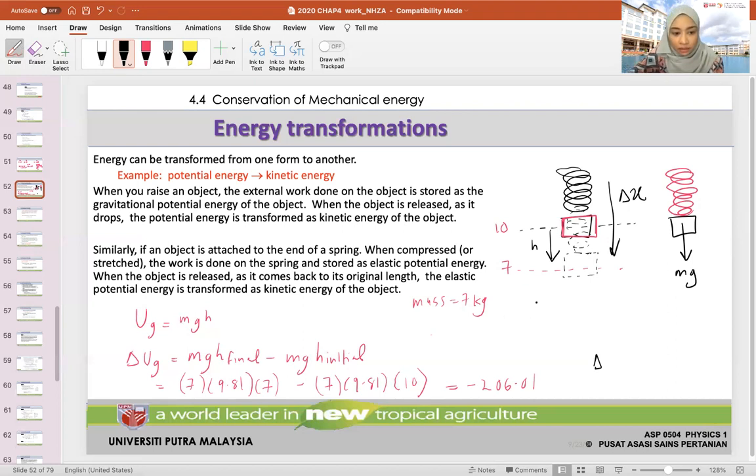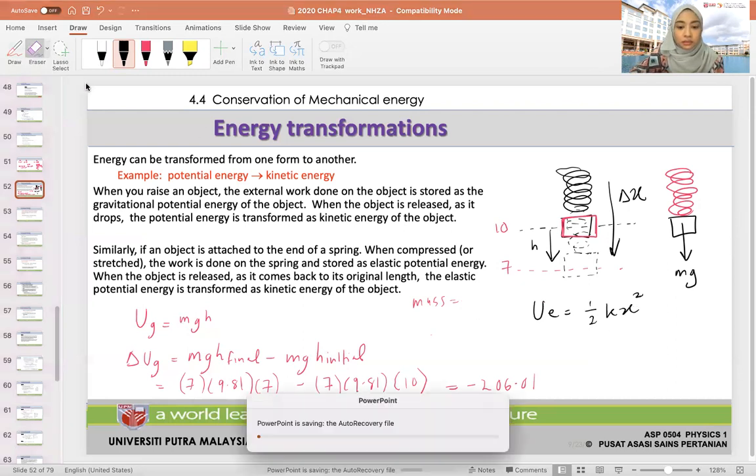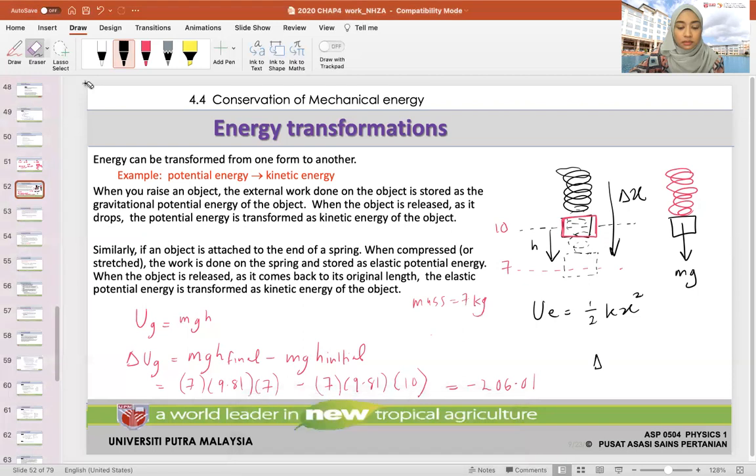So let's see. UE equals 1/2 kx squared. This is our equation, but we want to know if we got any additional. Okay. So I told you this has to go somewhere. So I'm saying, okay, this will be transferred to the spring.